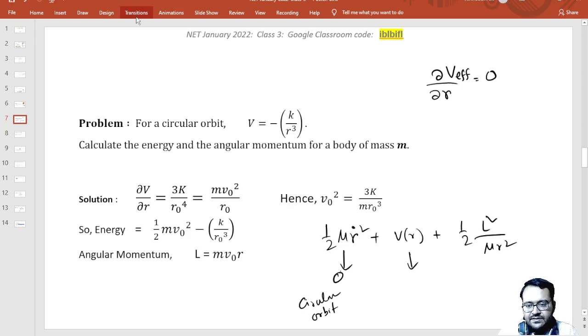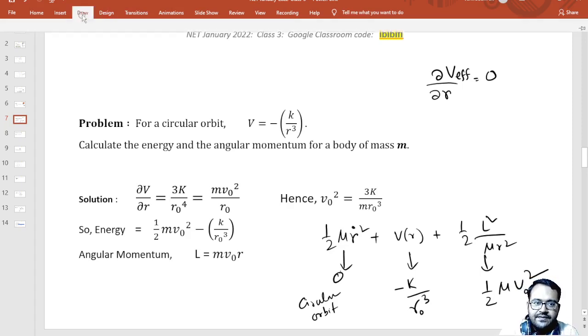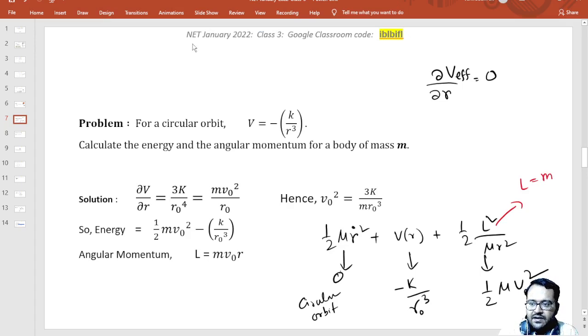This is the minus k by r naught cube, and this is half of mu v0 square, because your L is mu v naught r naught.